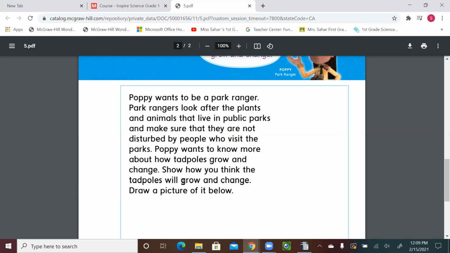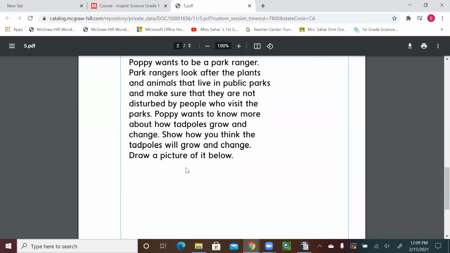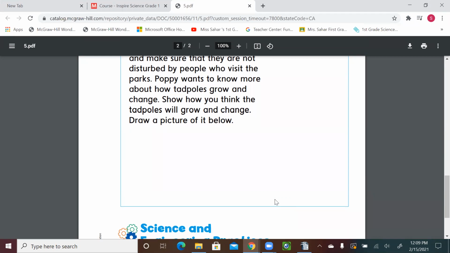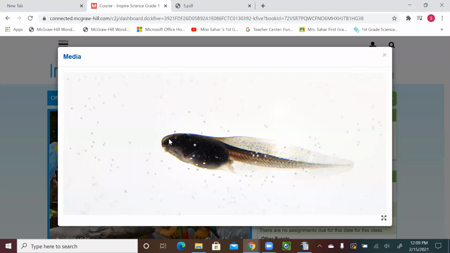So show how you think that tadpoles will grow and change. Draw a picture of it below. You can draw a picture of the tadpoles and then a picture of a frog. That's the change that will happen from the tadpoles in the picture we had before, to a grown-up animal or frog.